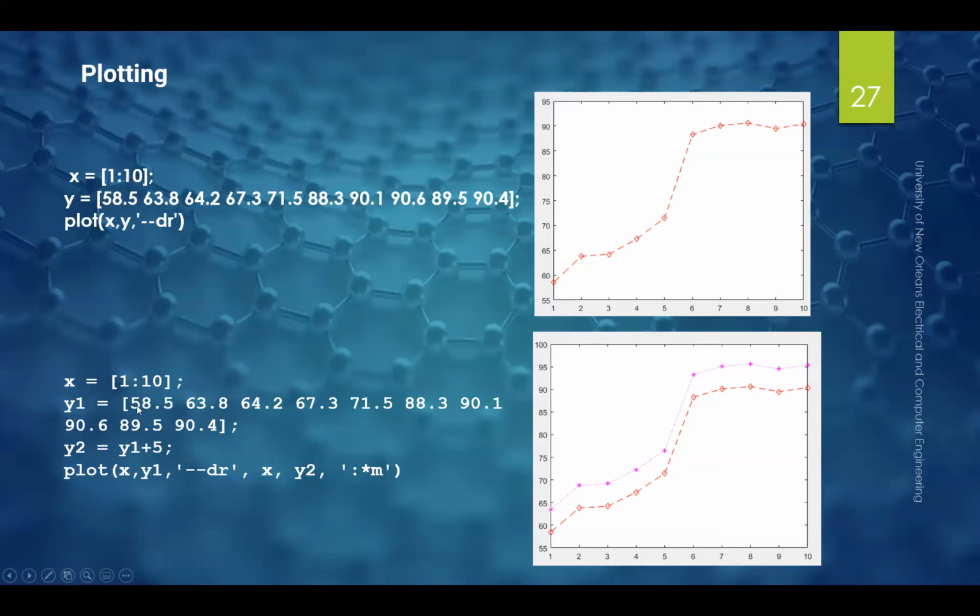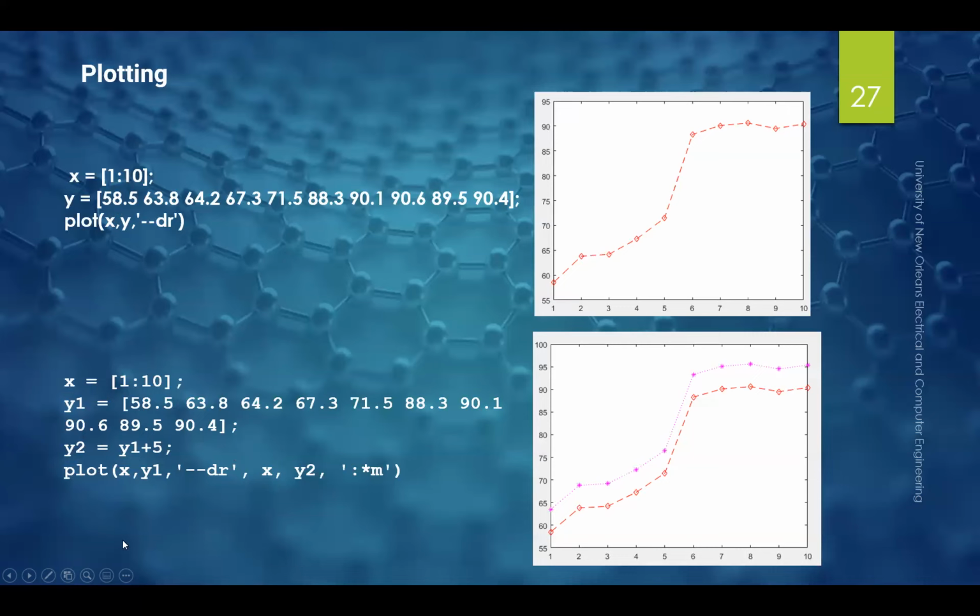In this case, y again is the same values as before. And I'm going to generate another line, y2, which is the same as y1, but just shifted by 5 units up. In this case, I'm going to use the plot function to plot both plots on the same figure.